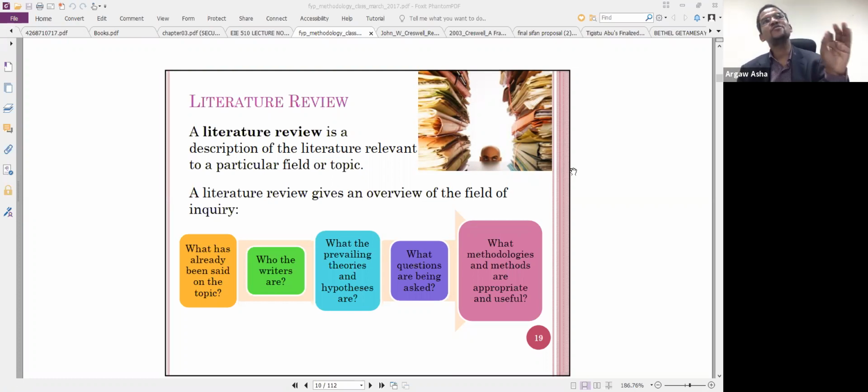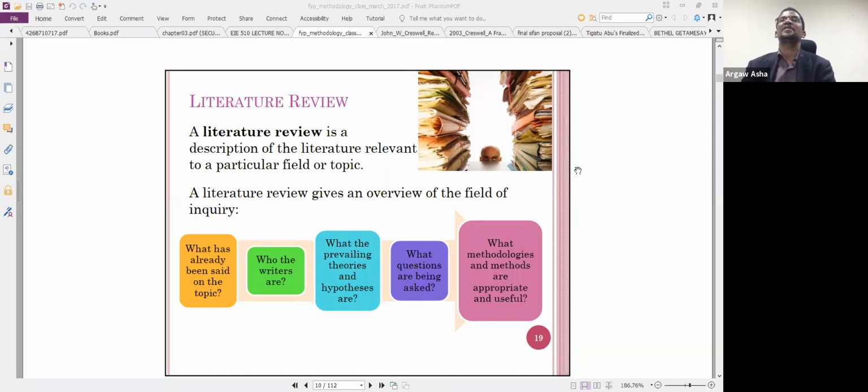So what has been said? As I said, your topic is road failures, so you can see in those areas what has been said already. Then who the writers are comes to your mind. Was it published in journals? Was it in books? Or was it in a thesis?